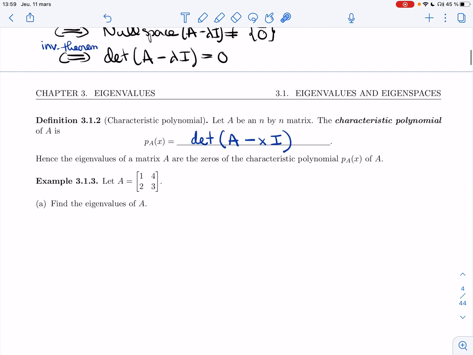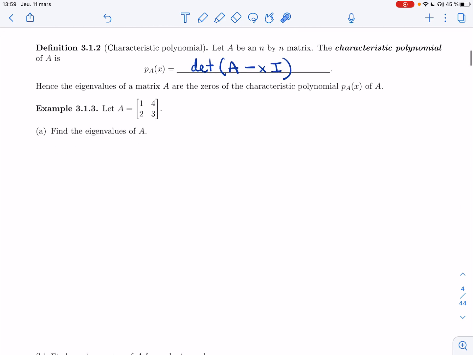So let's try an example. I'm going to start with this matrix, 1, 4, 2, 3. I want to find the eigenvalues of A. So I'm going to look at P_A of x, which is the determinant of A minus xI.